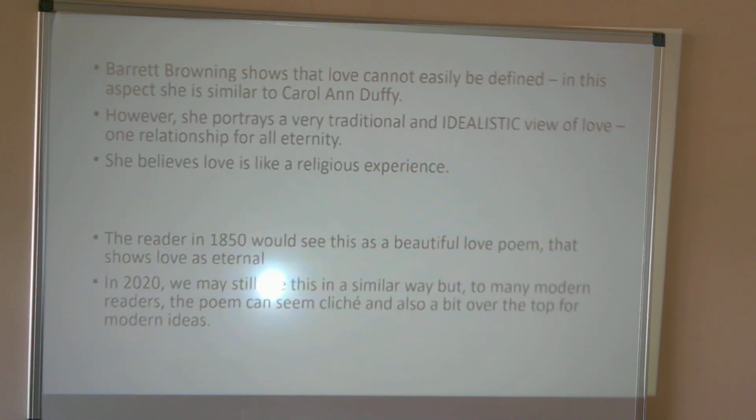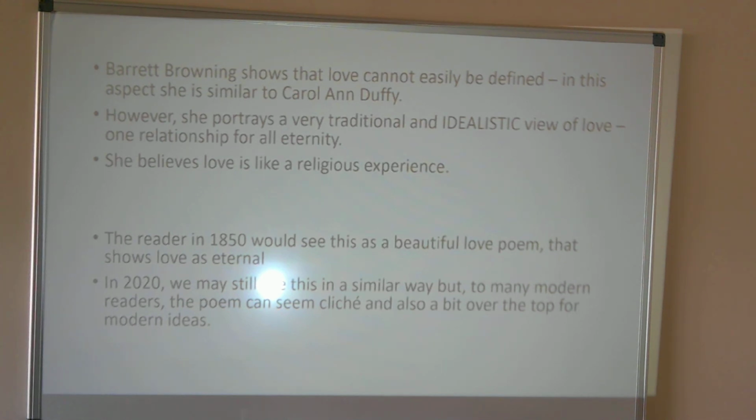To suggest this idea that she's putting forward. And Barrett Browning shows us that you can't really define love. She can't measure it. She compares it to a soul. And in this aspect, she is similar to Carol Ann Duffy writing Valentine, where Duffy can tell us what love isn't, but is less clear about what love is. Both Barrett Browning and Duffy struggle to define love.